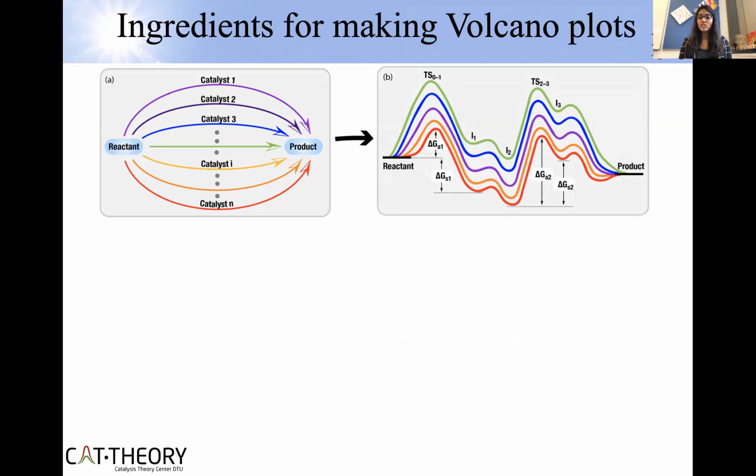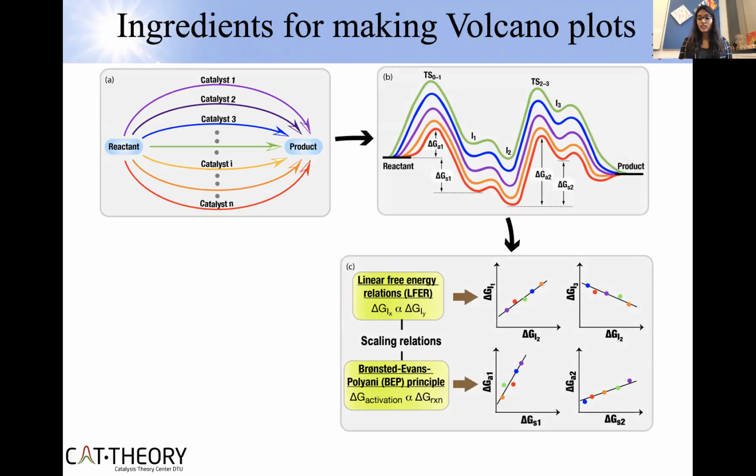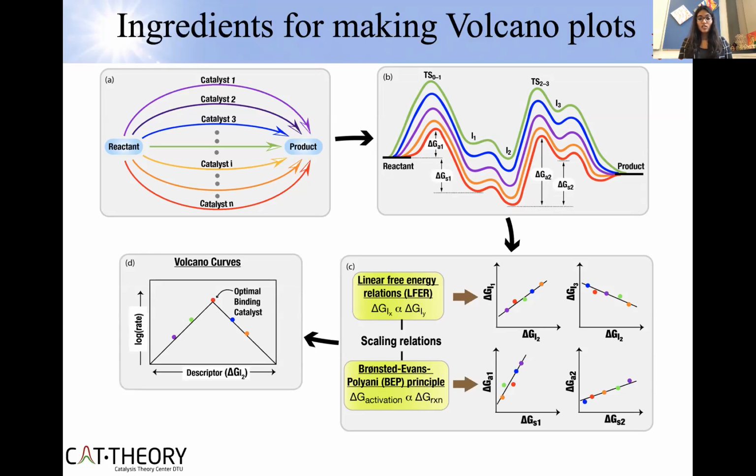Once we have these energies, we derive the scaling relations among different reaction intermediates and transition states. And once we have the scaling relations, we can deduce the reaction rate in terms of the descriptor energy, and that basically forms the volcano.